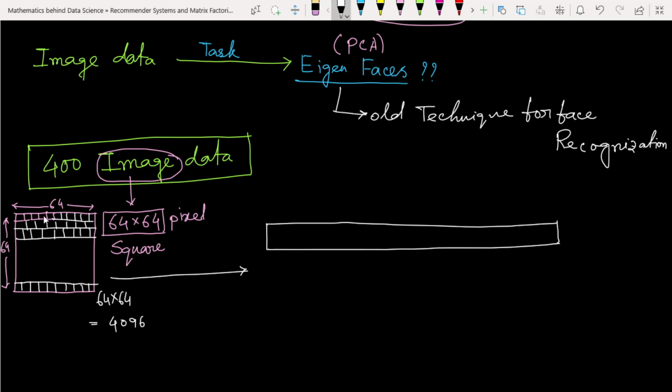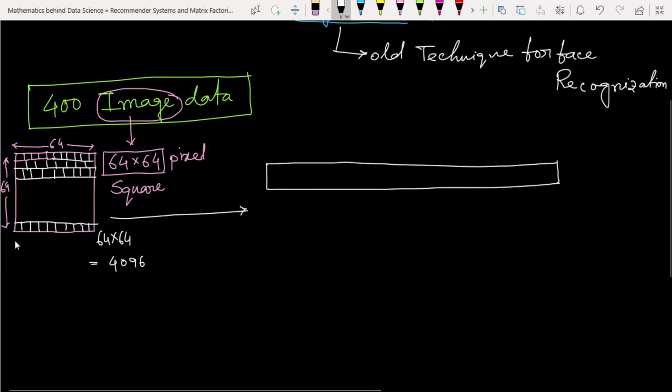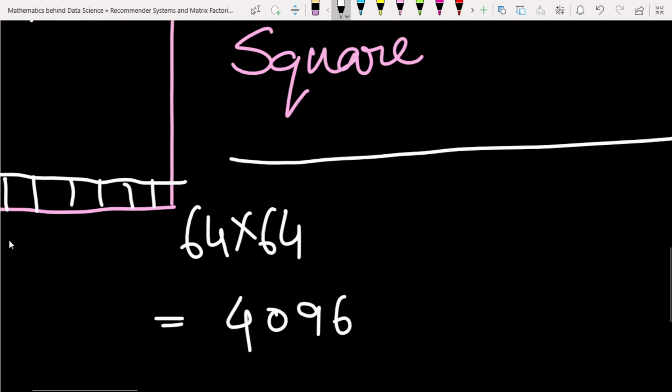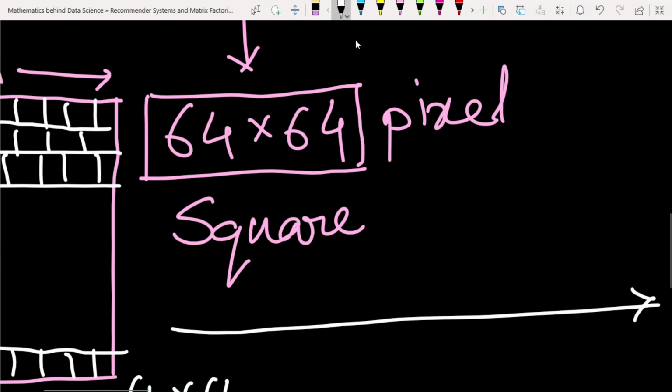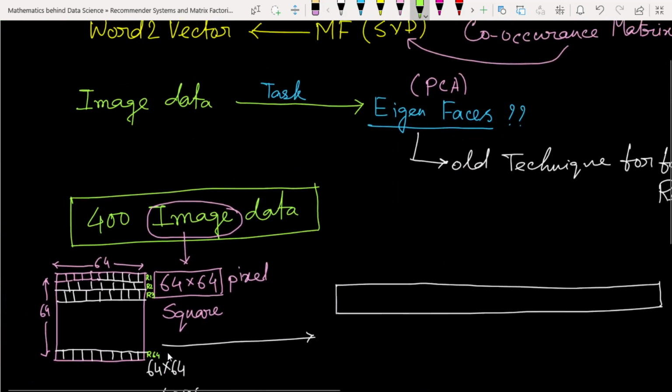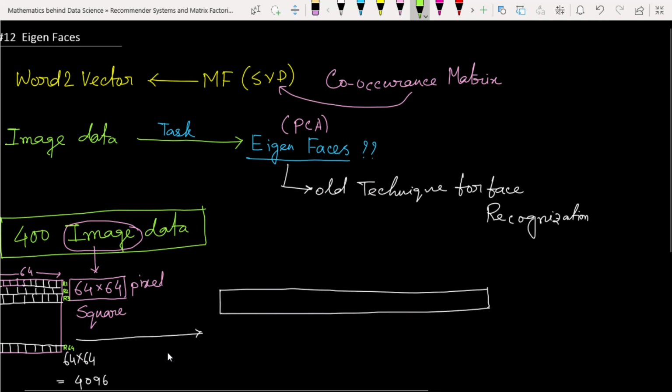Somehow we have to convert this. Suppose this is row 1, this is row 2, this is row 3, up to row 64. Now our job is to convert this matrix into a vector.